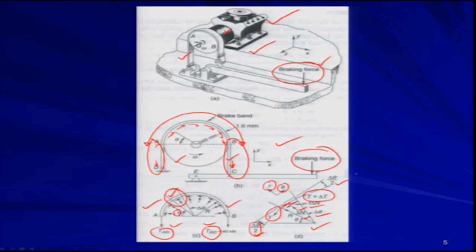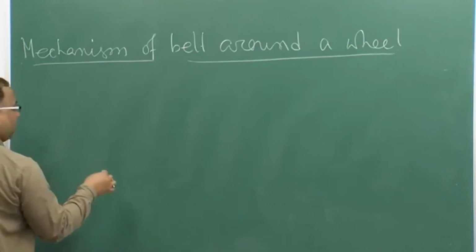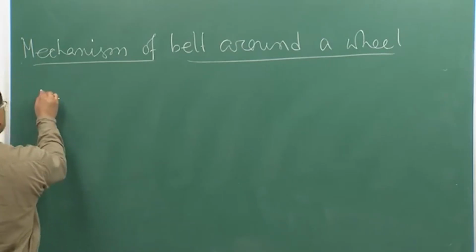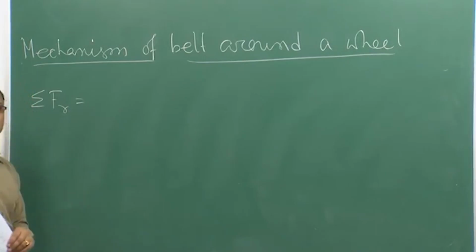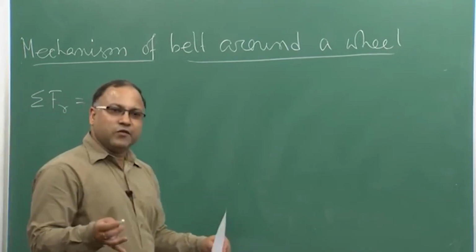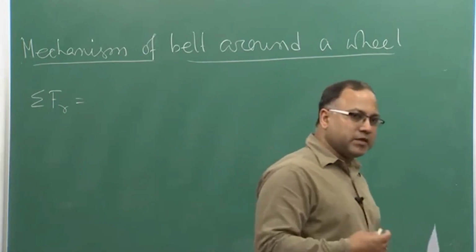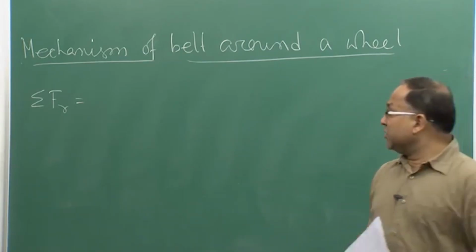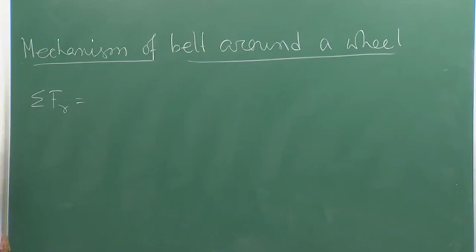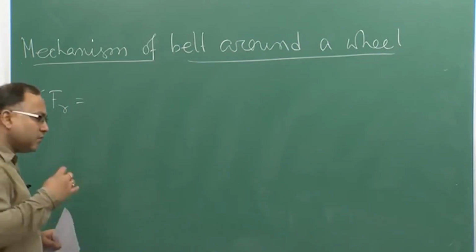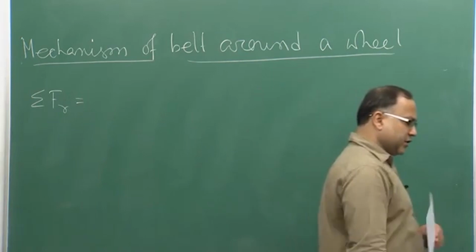Now we are going to establish the force balance for different directions. First, we balance the force in the radial direction, because that will be under equilibrium. We have to satisfy the conditions of equilibrium, so the sum of forces in the radial direction, delta Fr, must be 0. What forces act in the radial direction?